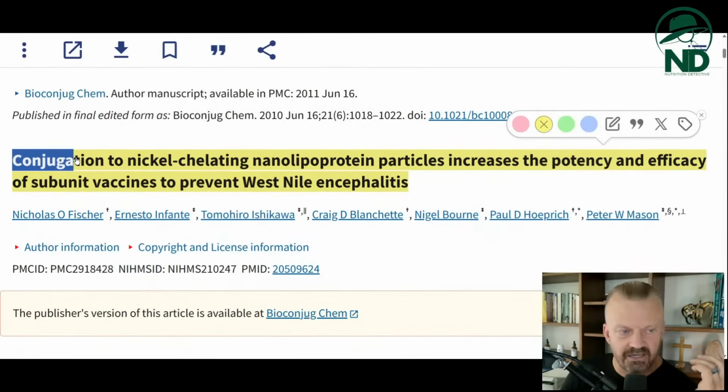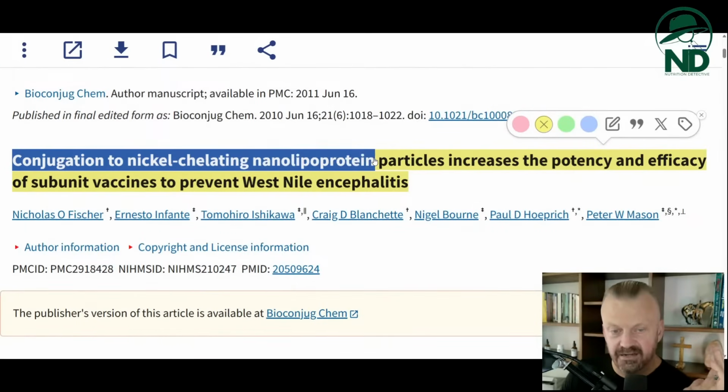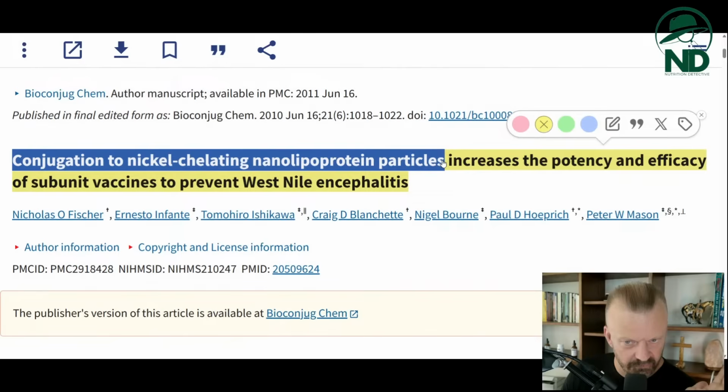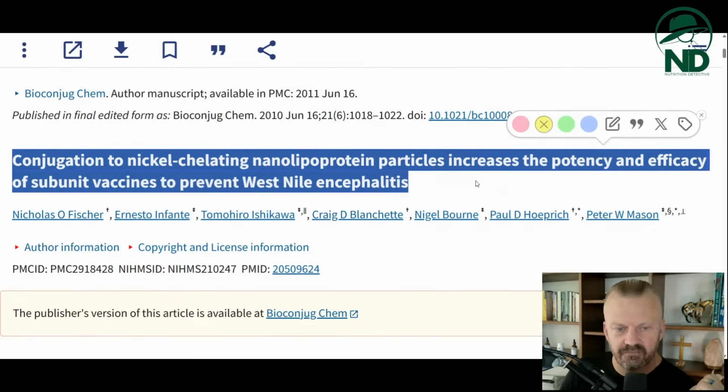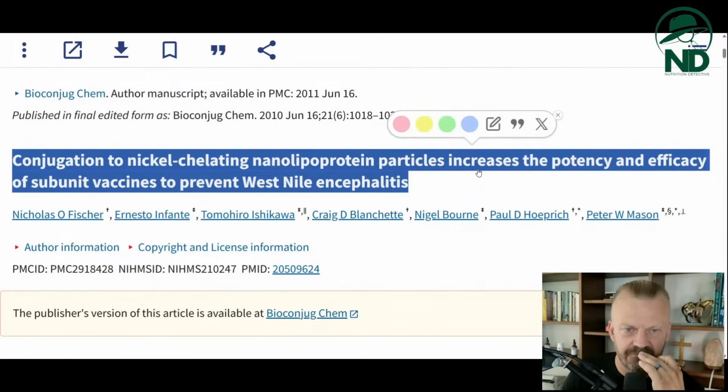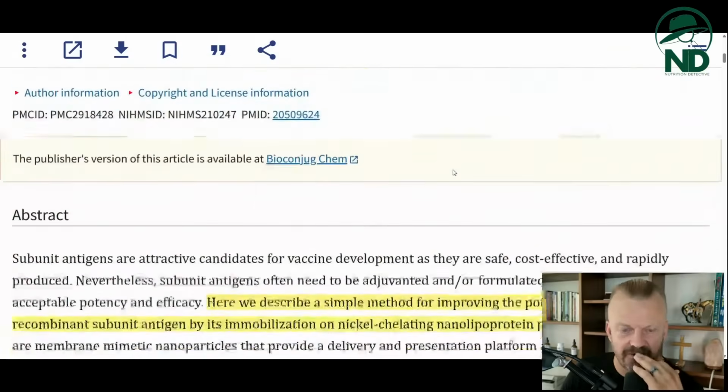So conjugation or binding to nickel chelating nanolipoprotein particles. Wait, don't I remember something about the shots? Lipid nanoparticles? It increases the potency and efficacy of subunit vaccines to prevent West Nile encephalitis, which was always such a big deal, right?